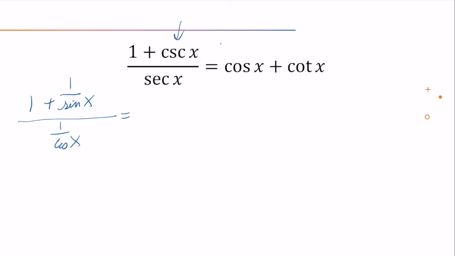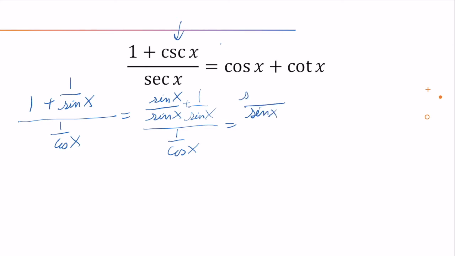Let's make our numerator one fraction so we can divide. That'd be sine x over sine x plus 1 over sine of x, over 1 over cosine x. So that gives me sine of x in my denominator and sine x plus 1 in my numerator, all over 1 cosine x.